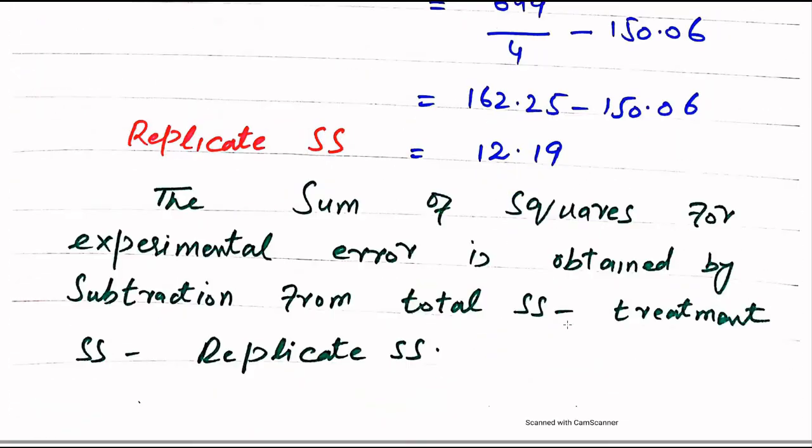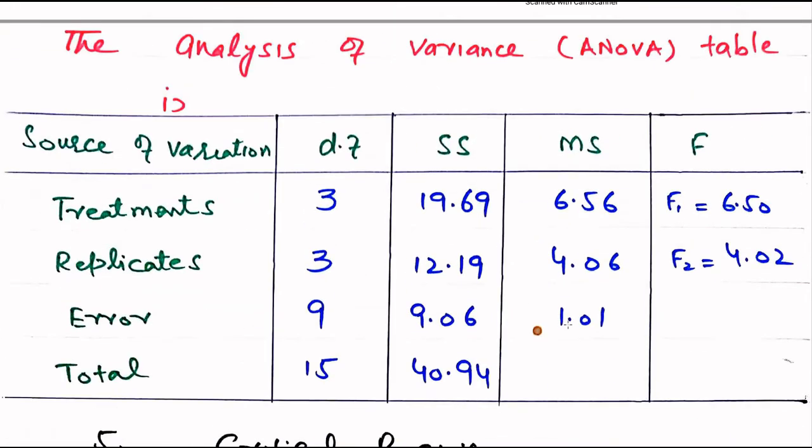You can obtain the error degree of freedom from its formula, or simply by subtracting treatment and replication degrees of freedom from the total degree of freedom. After we obtain the error sum of square, the mean square for error is 9.06 divided by its degree of freedom 9, and we got the answer 1.01.